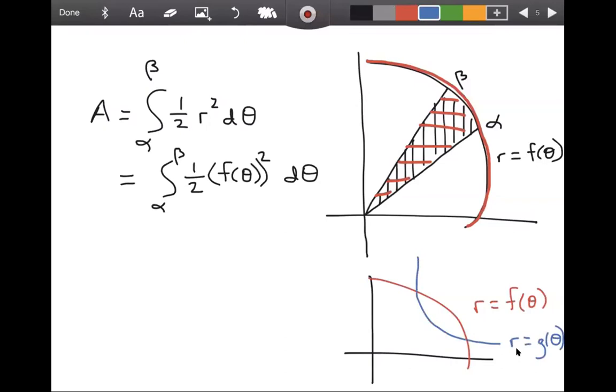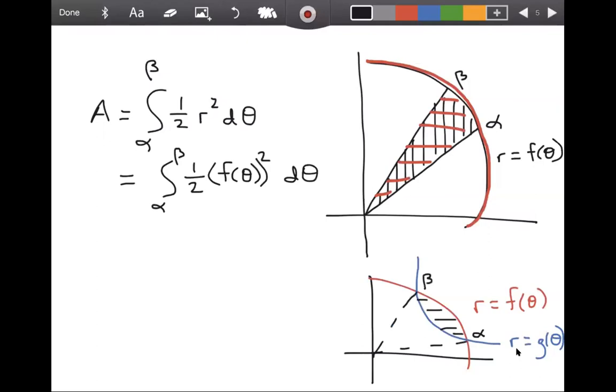And you wanted to find the area of the region in between. Okay. And let's say that this intersection point corresponds with the angle alpha, and this one here corresponds with beta.